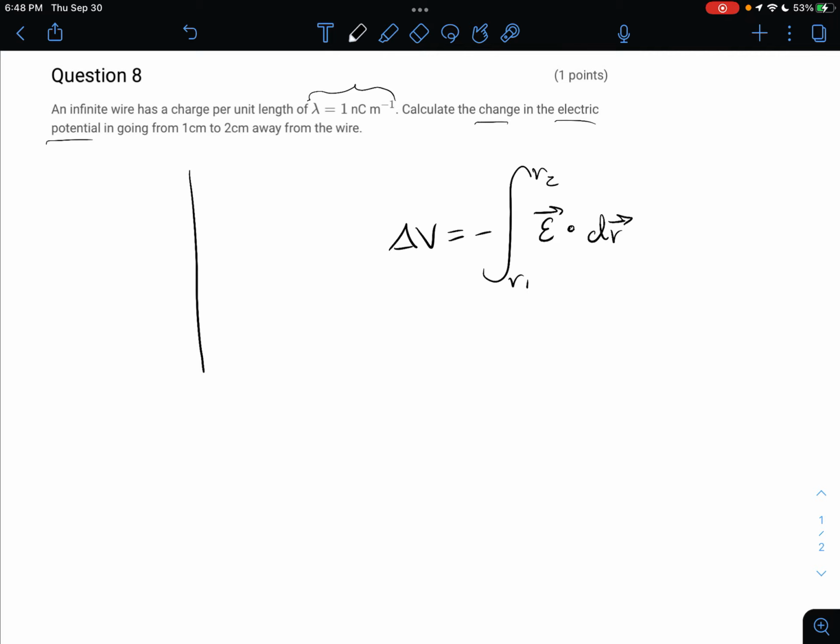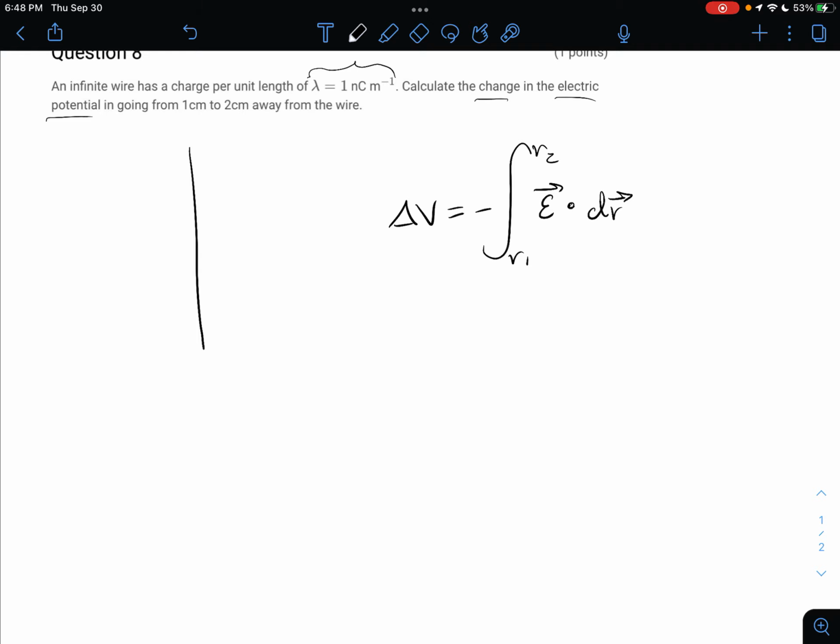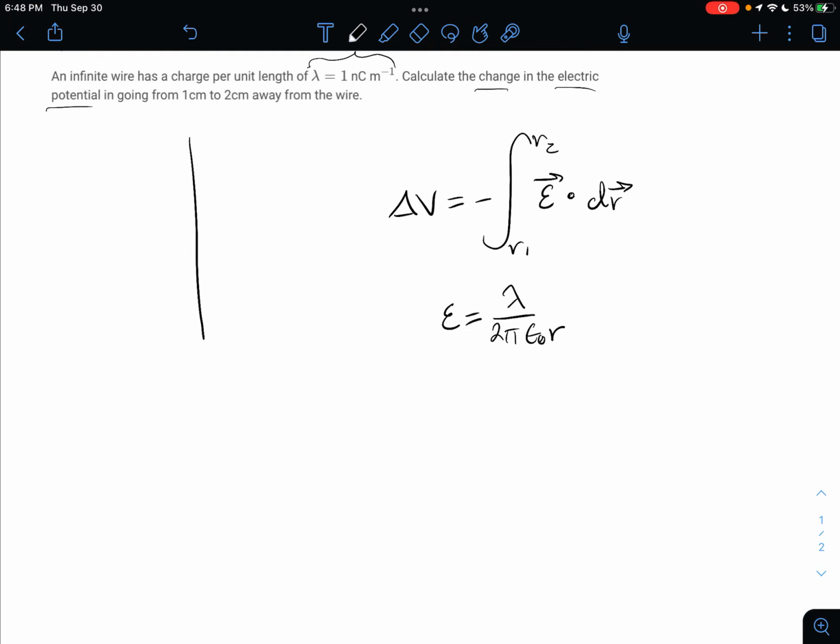So using the Gaussian surface, cylindrical symmetry, all that mess, the electric field is going to equal lambda over 2 pi epsilon naught r. And what a fun coincidence that this is only giving us the magnitude of that electric field.